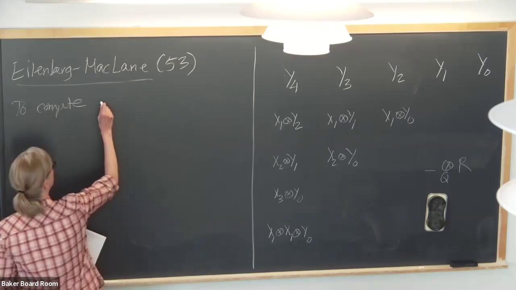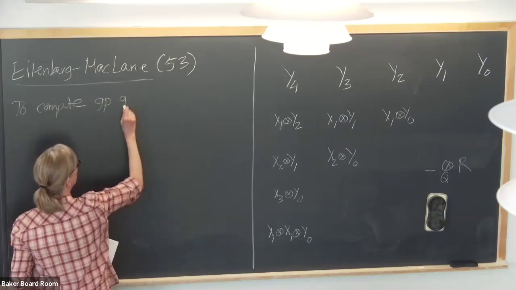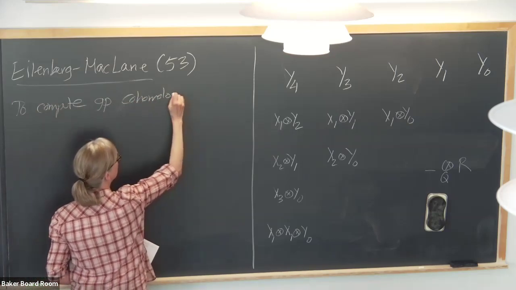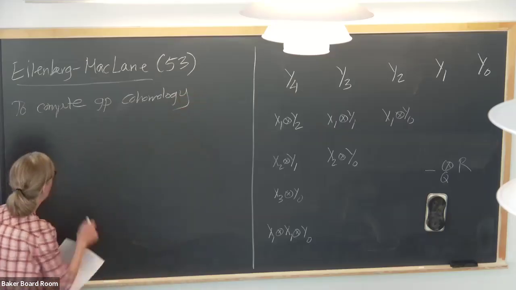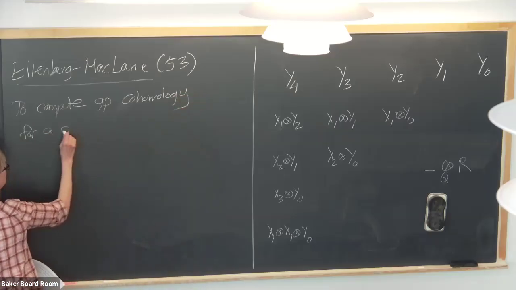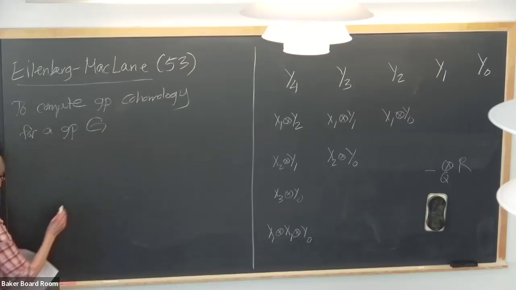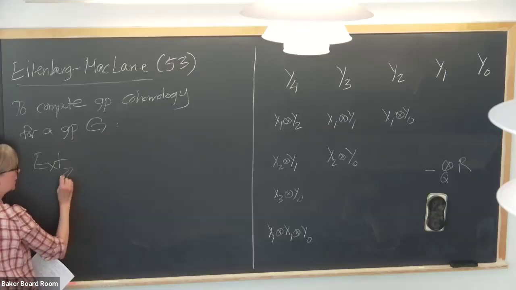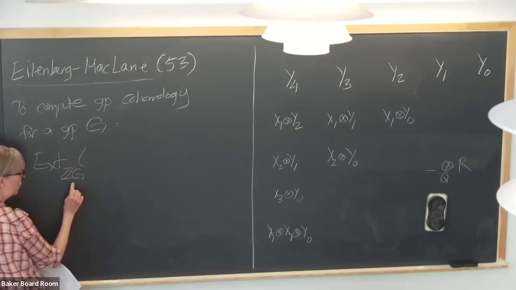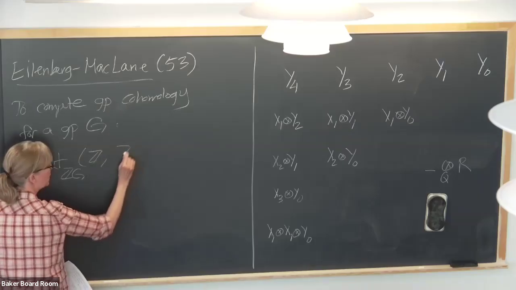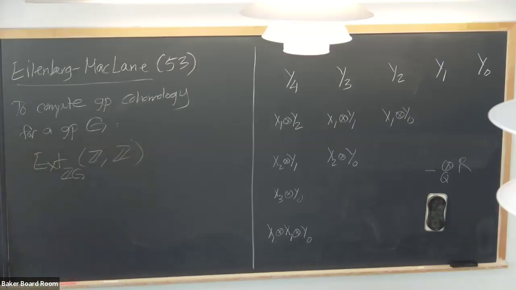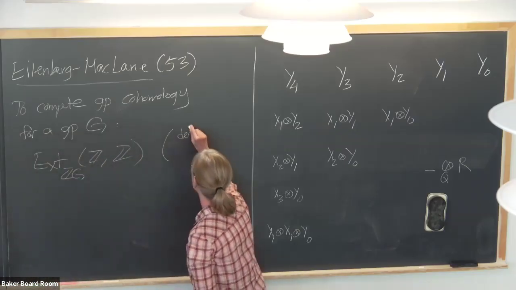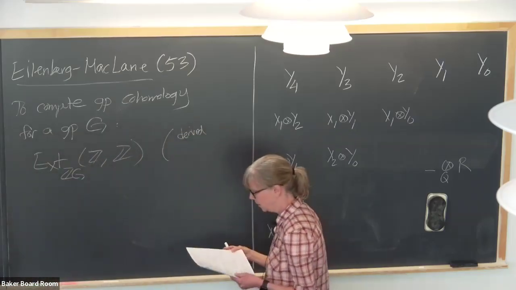So to compute group homology, given a group G, so that would be Ext over ZG, the group ring, of Z comma Z. So all these Ext modules are derived versions of this one.